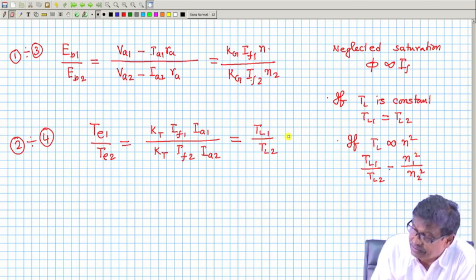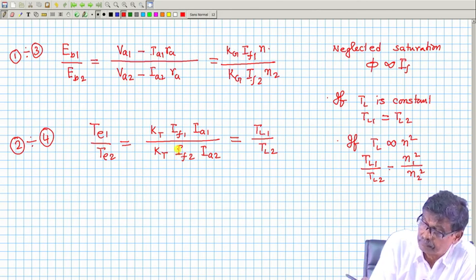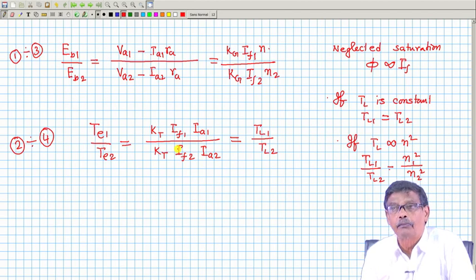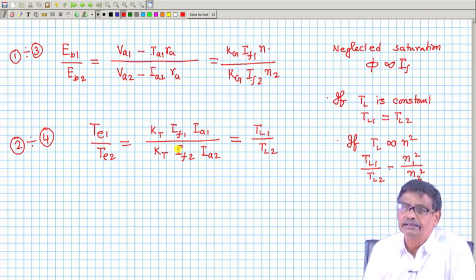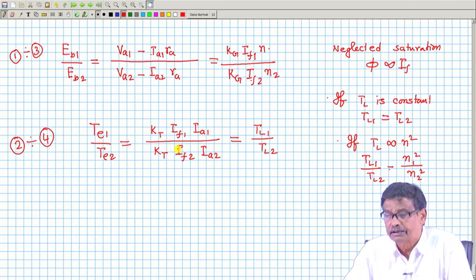So, this thing is known. Therefore, with these two sets of equations, if I know the first operating point completely, and if I say that I have changed the armature voltage as well as the field current of the shunt machine, what will be the new armature current drawn?